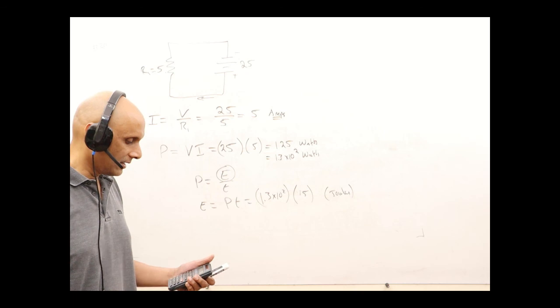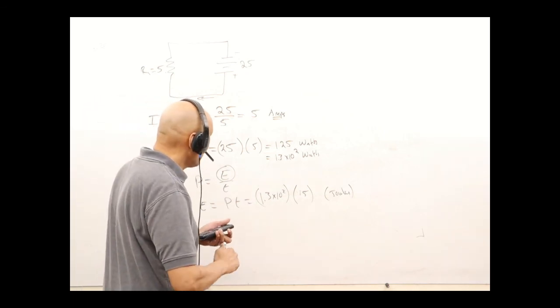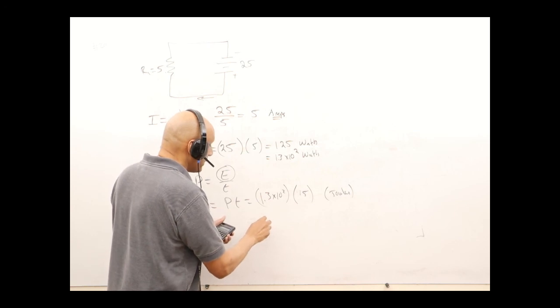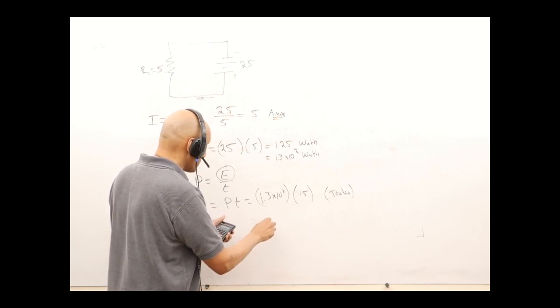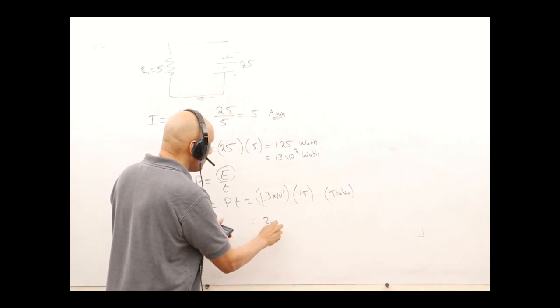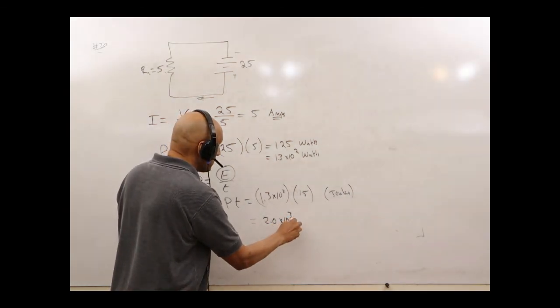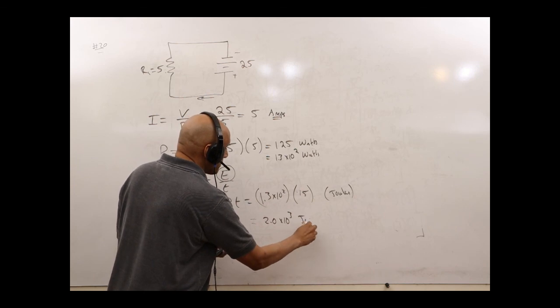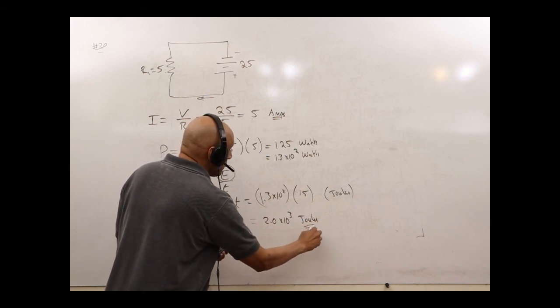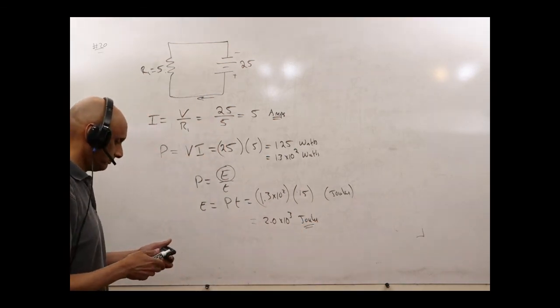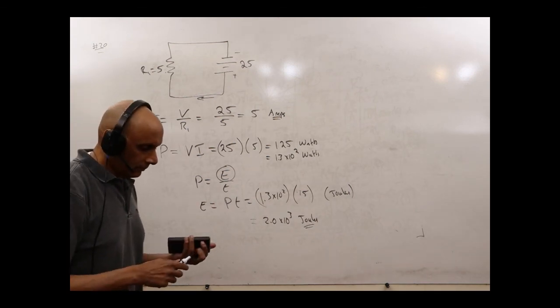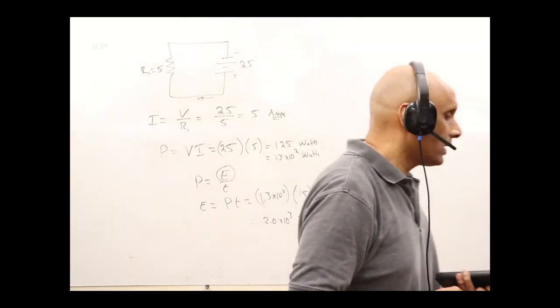It's 1950. So this is 1.95 times 10 to the 3, so this is actually 2.0 times 10 to the 3 joules. So it's about 2,000 joules roughly.